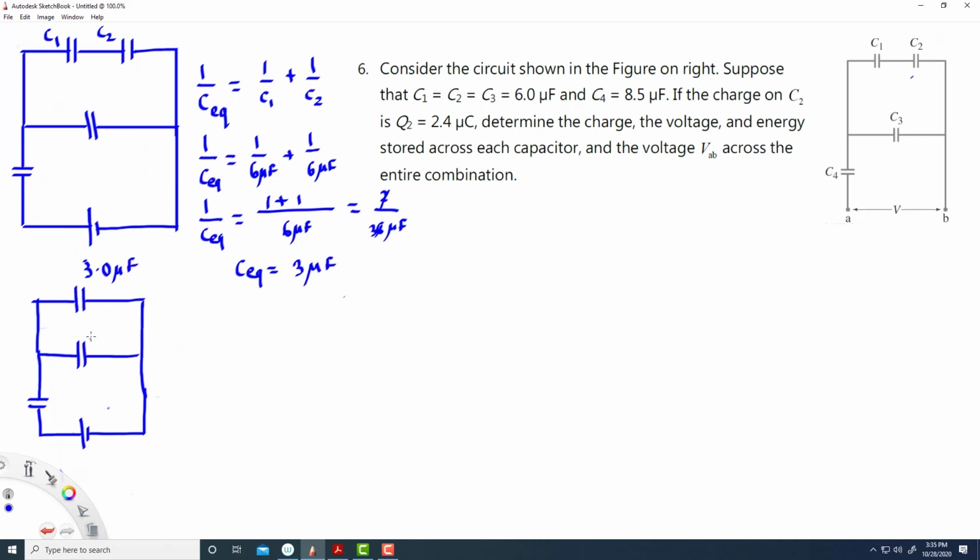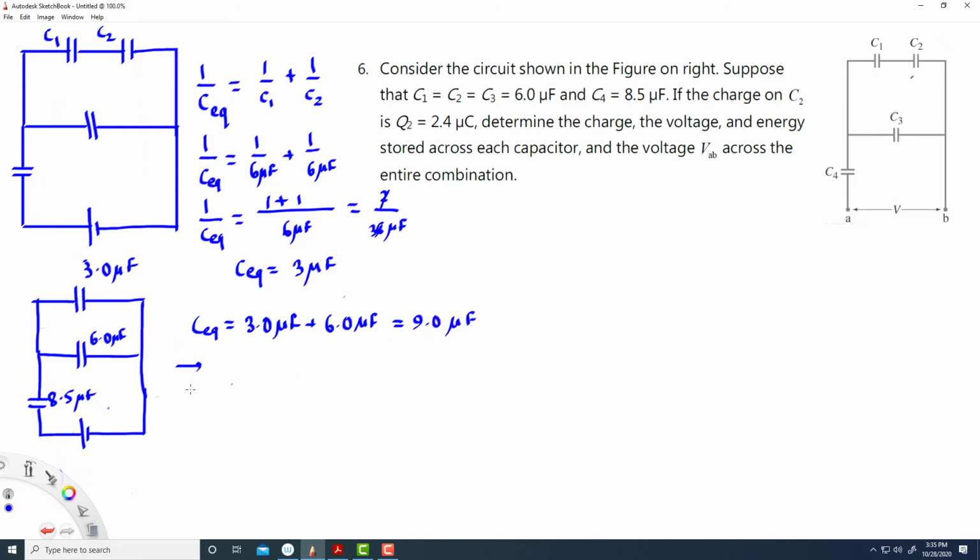This C3 is 6 microfarad, and this one is 8.5 microfarad. Okay. Now these two are in parallel, 3 and 6. So you can combine these two to get the equivalent capacitance. So 3 microfarad plus 6 microfarad will be 9 microfarad.